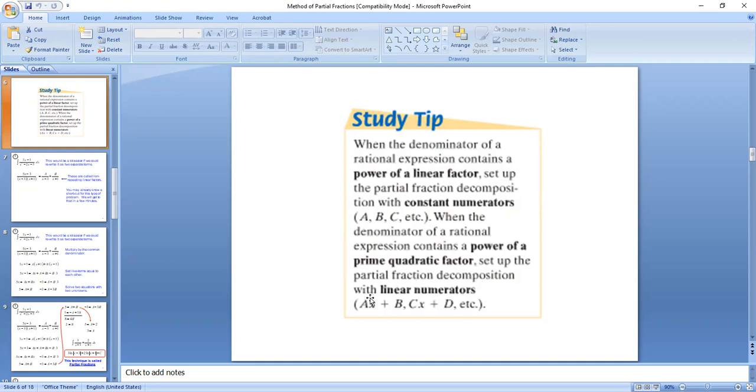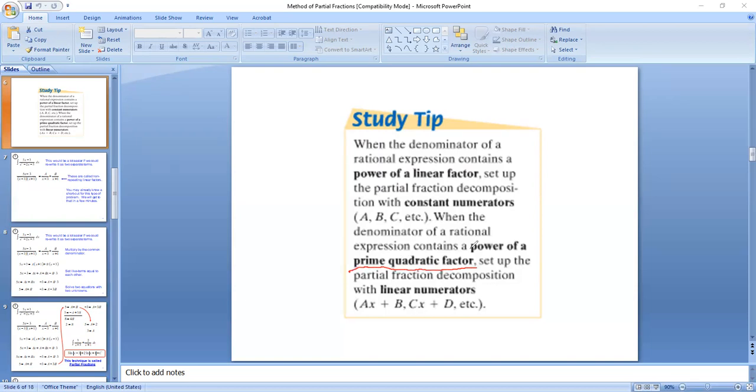Your numerators this time are not simply A, B, C, but rather linear in nature. So one numerator is Ax plus B, and another can be Cx plus D, and so on and so forth.